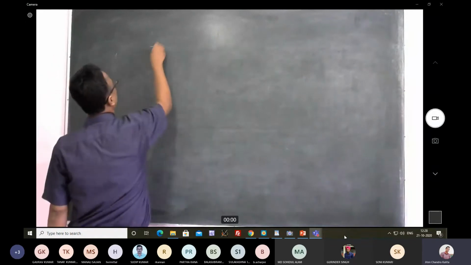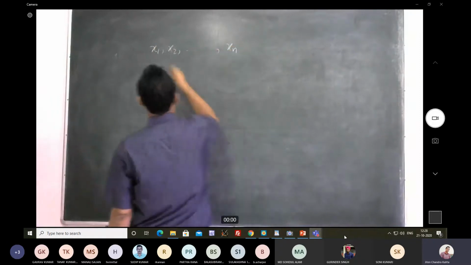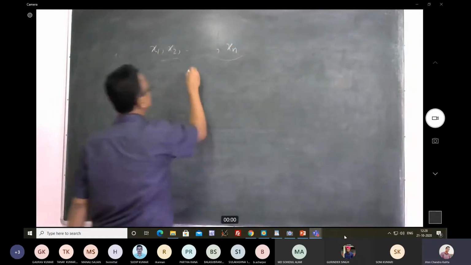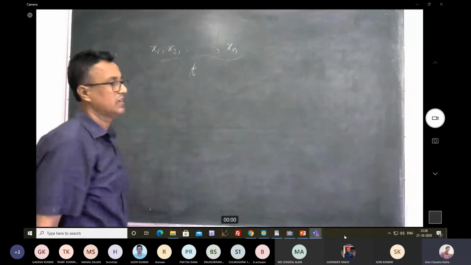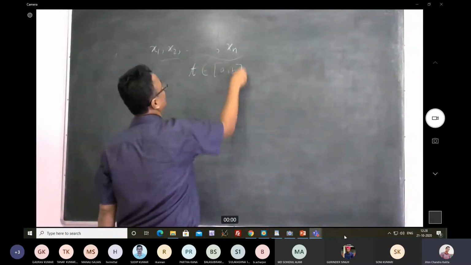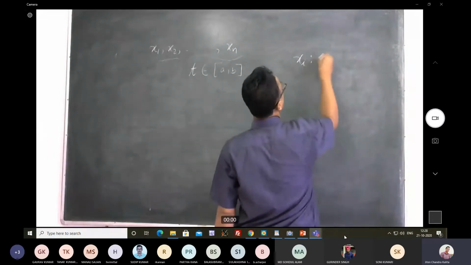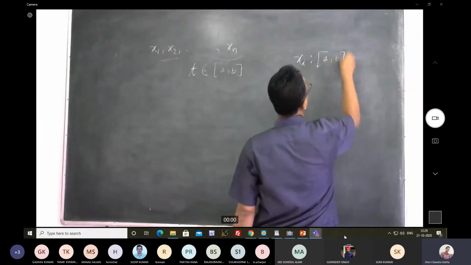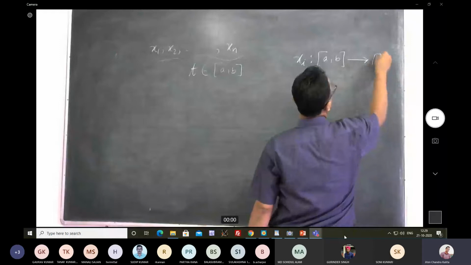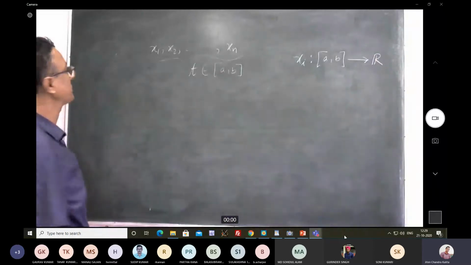Okay, fine. So now suppose x1, x2 up to xn, suppose all of them are functions of the single variable t, right? And suppose it is defined in an interval. So basically these xi's are nothing but functions from the closed interval to the set of real numbers R. Okay, fine.